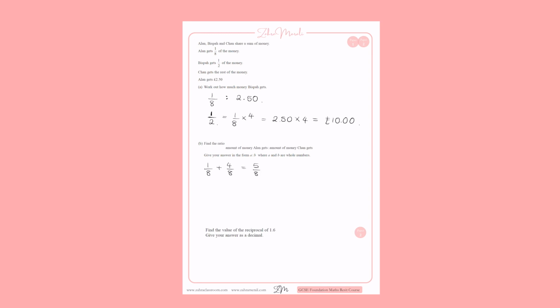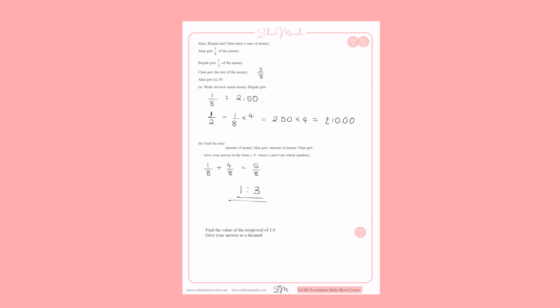To make a whole, we need 8/8. So 5, 6, 7, 8. So therefore, it means that Chan is getting 3/8. So we're saying Alan gets 1/8, Chan gets 3/8. So the ratio is 1 to 3.